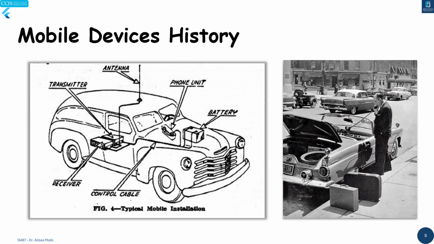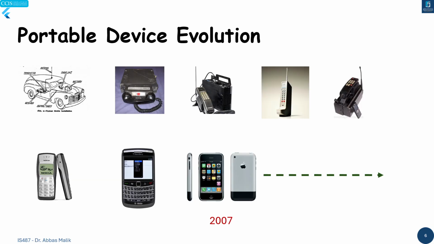And then we have a telephone unit on the dashboard of the car, and then the person can call or receive calls from friends or business and so on. So this is the first model of the mobile device, but definitely it is not what we are looking at right now in our world.